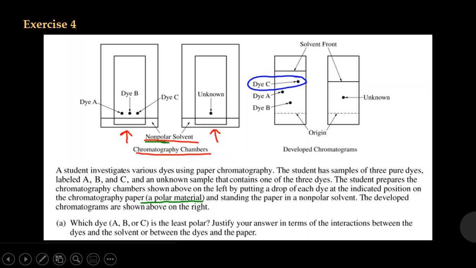And you would say something along the lines of: dye C is the least polar because it was more attracted to and traveled farther with the nonpolar solvent than dye A or B, right? Because it says to talk about the interactions between the dyes and the solvent or the dyes and the paper, so you need to make sure that you get that in your explanation.